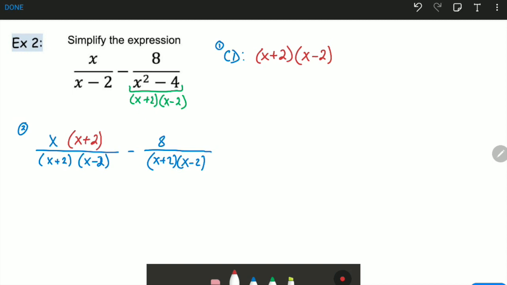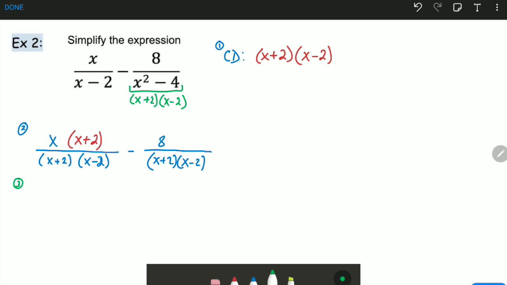The second fraction, which was originally x squared minus 4 in the bottom, but its factored form was x plus 2, x minus 2. Now our common denominator has x plus 2, x minus 2 in it. There was no change in the denominator of the second fraction, so we don't need to change the top. Our common denominator has been balanced out.